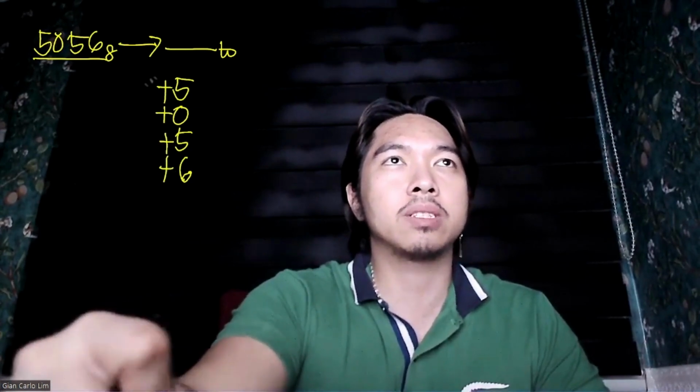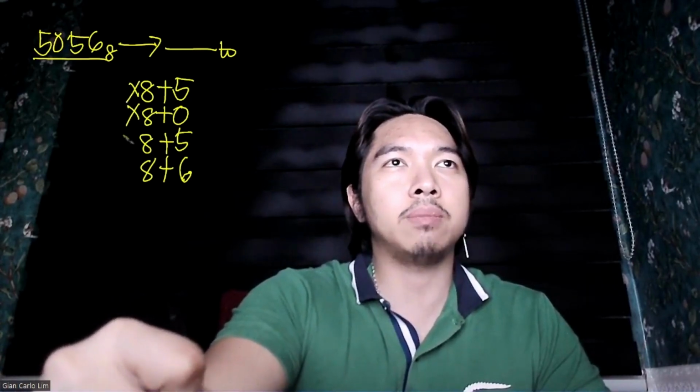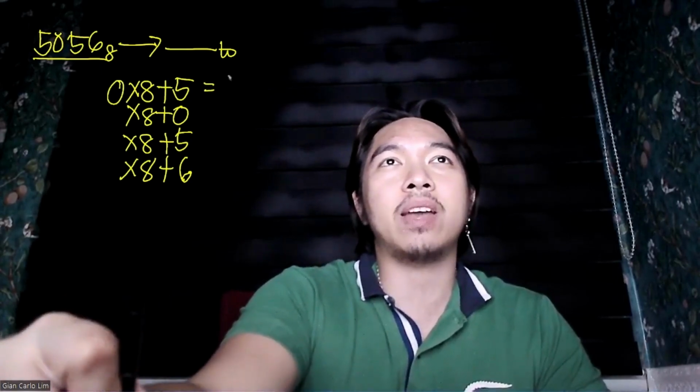Alright, let's have the last one. What about 5056, which is also one of our examples earlier? Converting to base 10. So, same again. Let's make this vertical. So, 5, 0, 5, 6. Then, plus, and plus. 8, 8, 8, and 8. Then, times, and times. By default, 0. 0 times 8 is 0 plus 5. So, that would be 5.